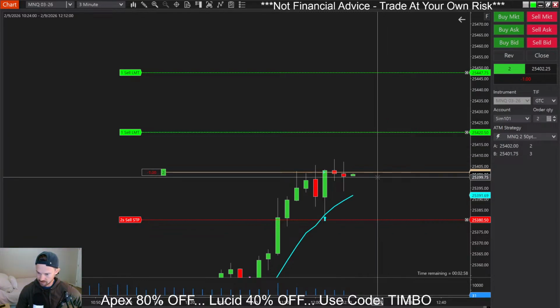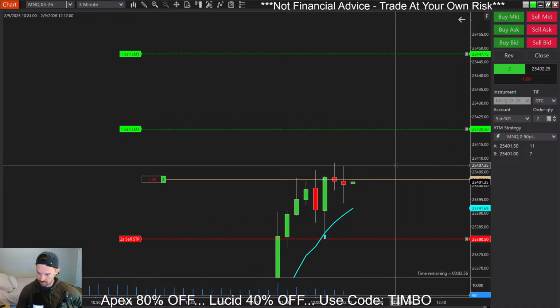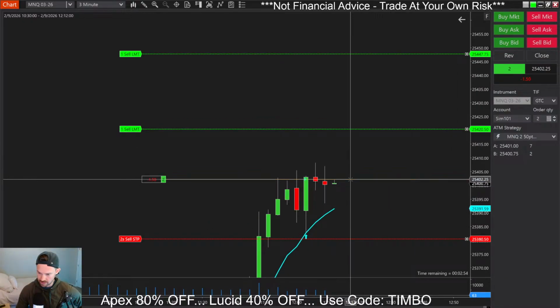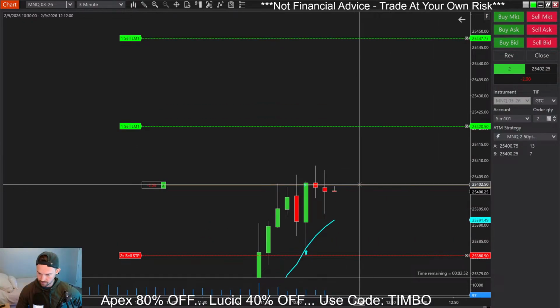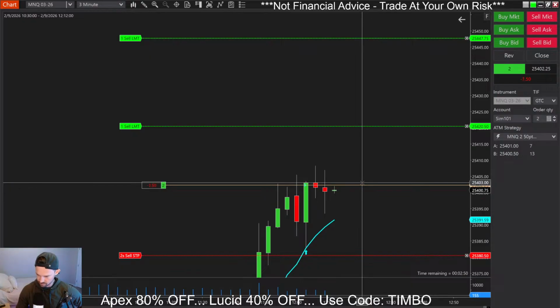Closed it slightly red on the 3 minute there. Would have liked a green body, but need to get over this little basically 400 level.